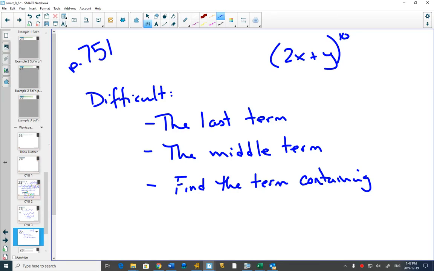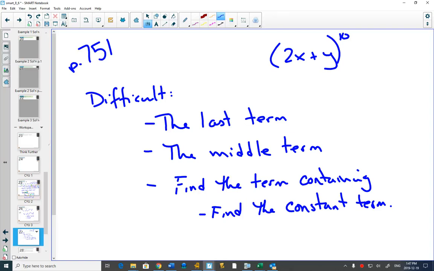And similar to the find the term containing is a question that might say find the constant term. And a constant term means, if you think back to the definition of a constant in math, that has no variables. So in other words, it's finding the term containing x to the 0.